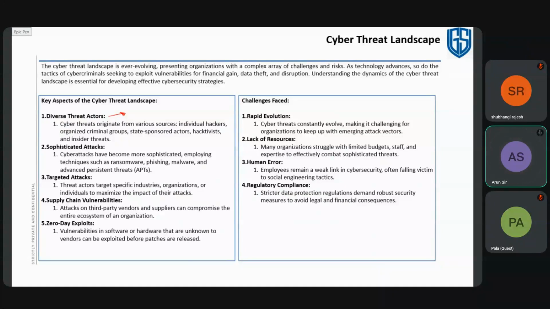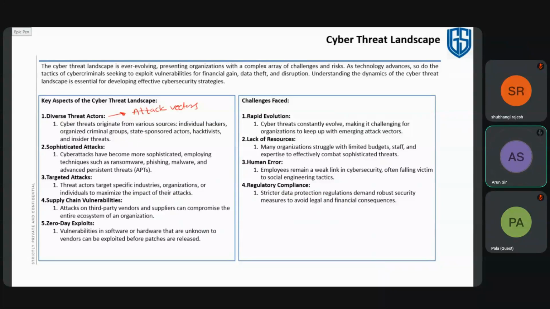Again, you have to find out who is doing it. Who are the attack vectors? This is actually understanding the attack vectors. Attack vectors are coming from various sides. For that, you have to have threat intelligence.